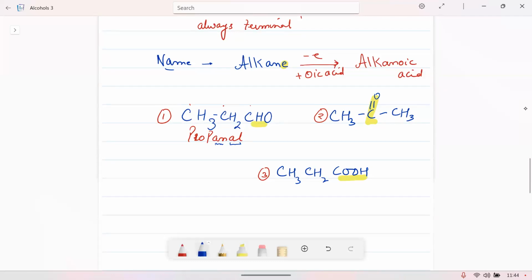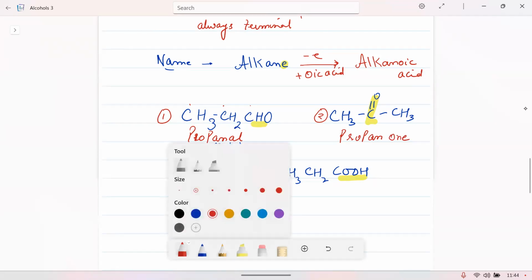Now here also there are 3 carbon atoms, so it should be propane. But what we are doing is removing the E, and in its place I'm writing the one. Now you will see I have left a space between them. The reason is if I want, I can write its position.